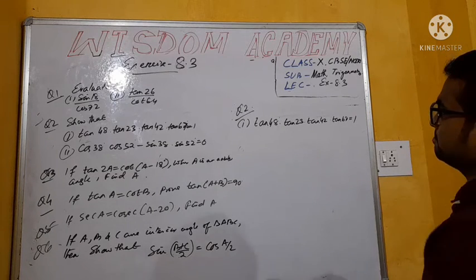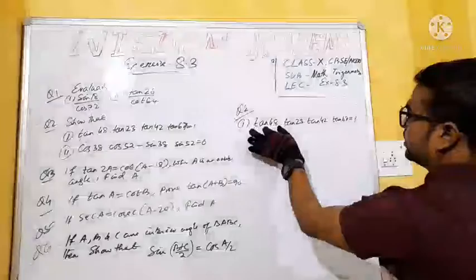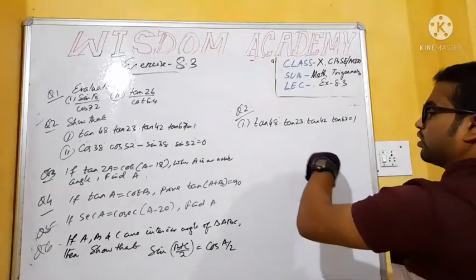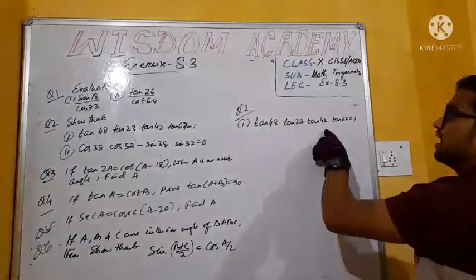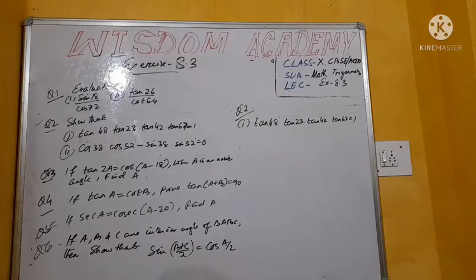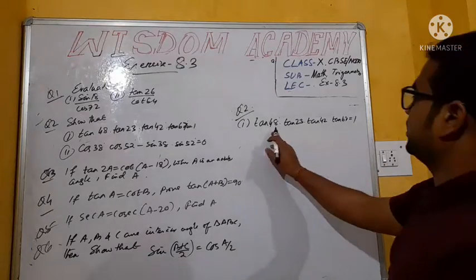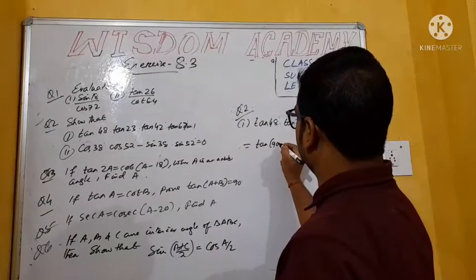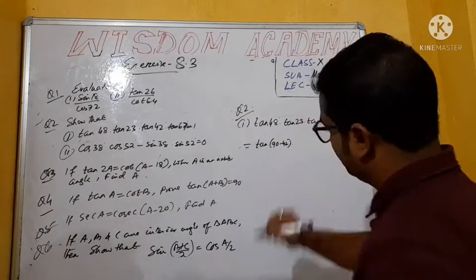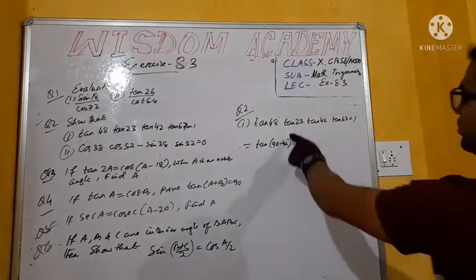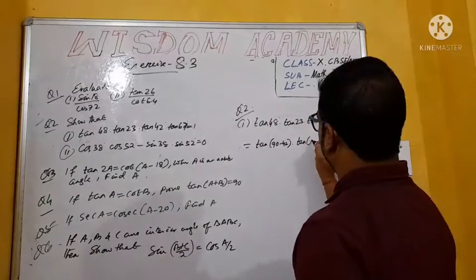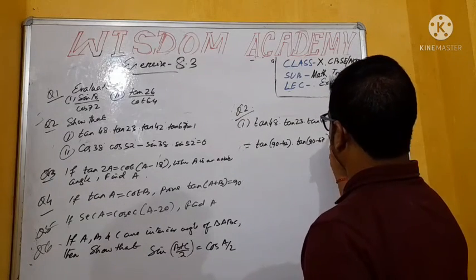If we convert tan 48 and tan 23 to cot, then tan into cot is 1. So tan 48 can be written as tan of 90 minus 42, and tan 23 can be written as tan of 90 minus 67.